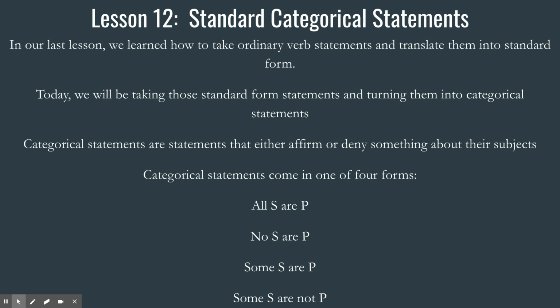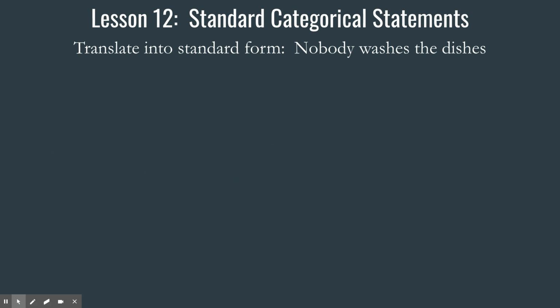So the S is in the place of the subject, and what is making the claim is the predicate. So S stands for subject, P stands for predicate. You could have all X or Y, but S and P remind us that we're talking about subjects and predicates here. All S are P, no S are P, some S are P, some S are not P. A, E, I, O.